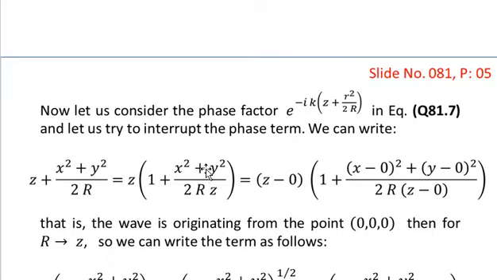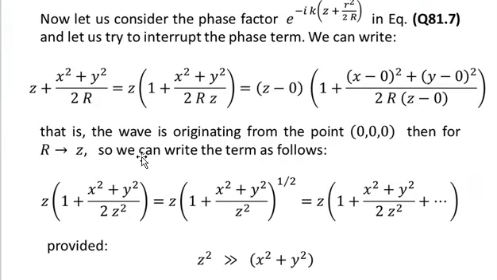This can be written as z minus 0, and within the parentheses 1 plus x minus 0 whole square plus y minus 0 whole square, and in the denominator 2 times r multiplied by, within parentheses, z minus 0. So we have x minus 0, y minus 0, z minus 0.